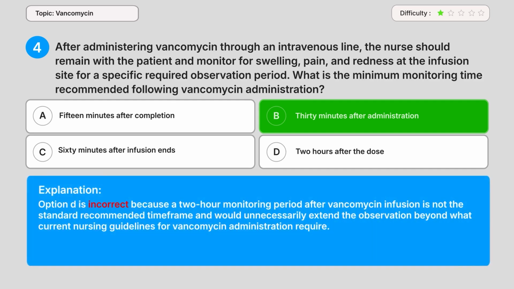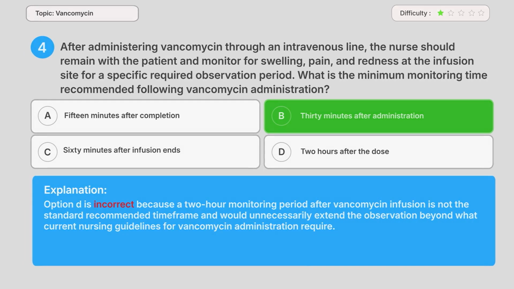Option D is incorrect because a 2-hour monitoring period after vancomycin infusion is not the standard recommended timeframe and would unnecessarily extend the observation beyond what current nursing guidelines for vancomycin administration require.